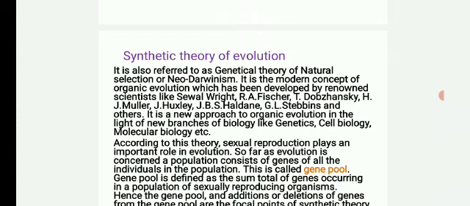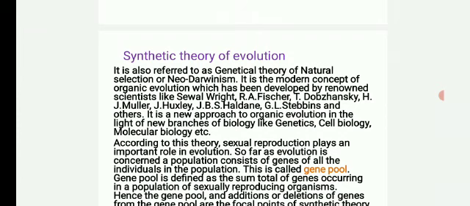It is a new approach to organic evolution in the light of new branches of biology like genetics, cell biology, molecular biology, etc. According to this theory, sexual reproduction plays an important role in evolution.